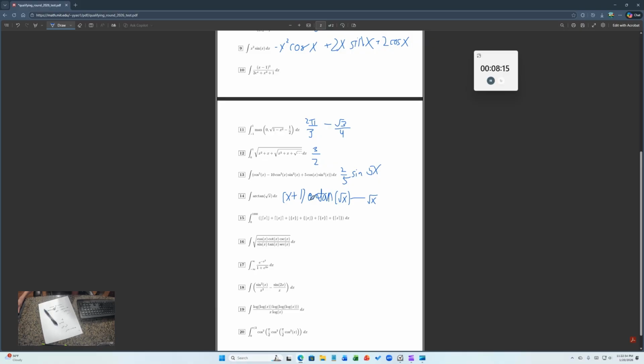Alright, hopefully this is somewhat legible. Alright, moving on. Problem number 15. Ooh, what is this? Oh wait, these guys are just redundant. These guys just disappear. So this guy just becomes 0. That becomes 1.